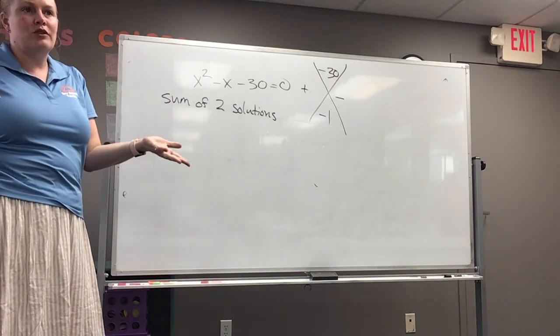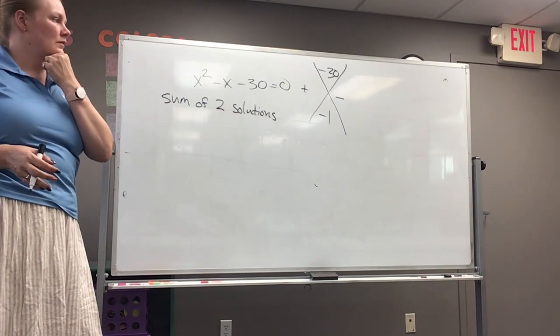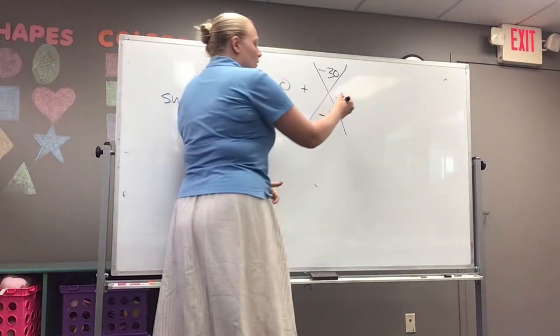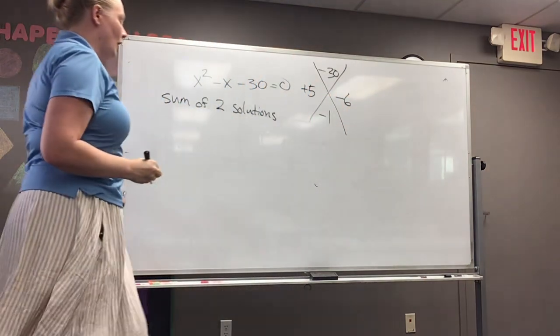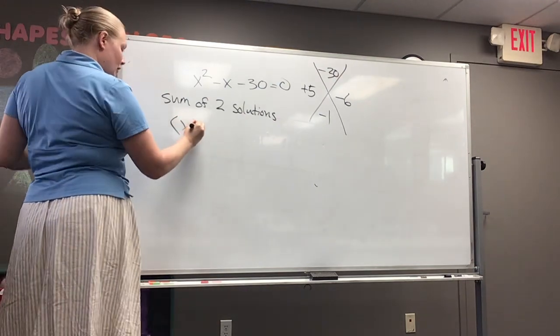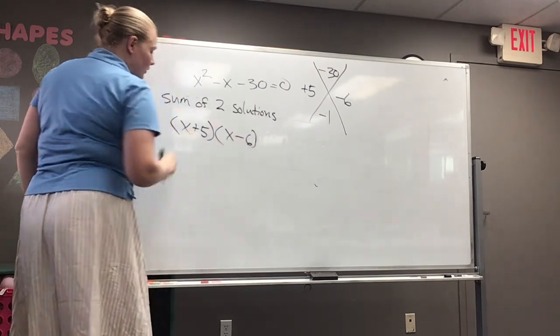So what are two factors of 30 that are 1 apart? 5 and -6. Good. So you're correct. The negative gets the 6 because it's the bigger number in order to combine to a negative number. And so our factors are x plus 5 and x minus 6.